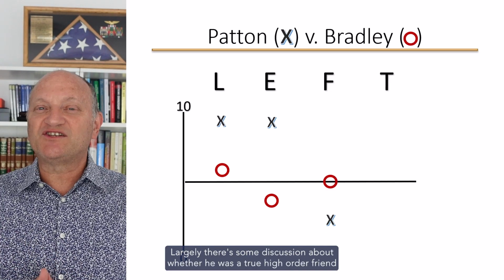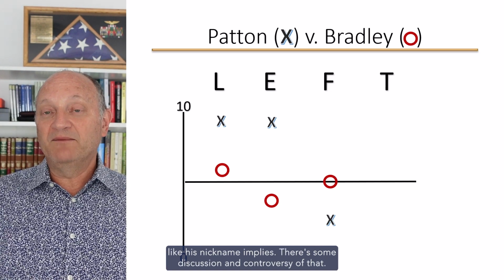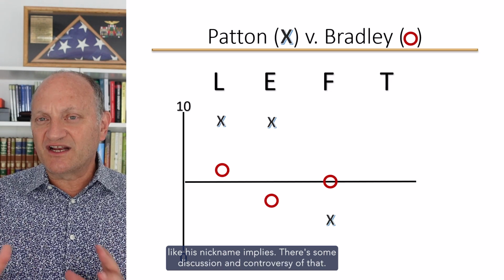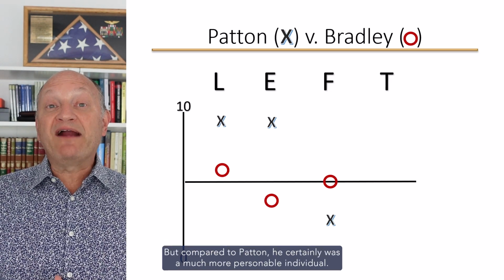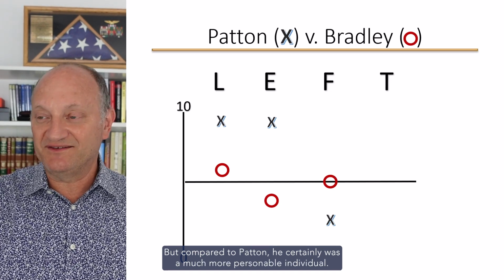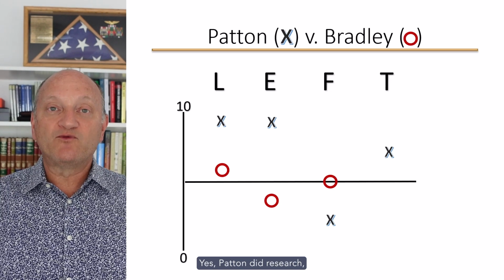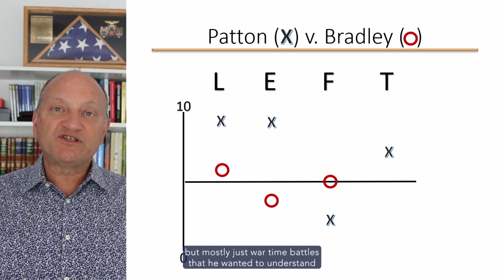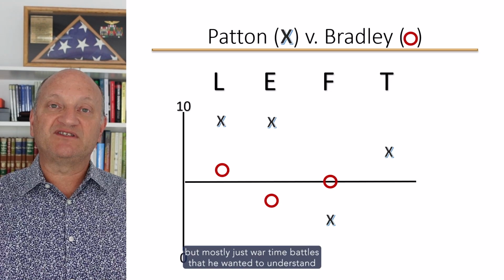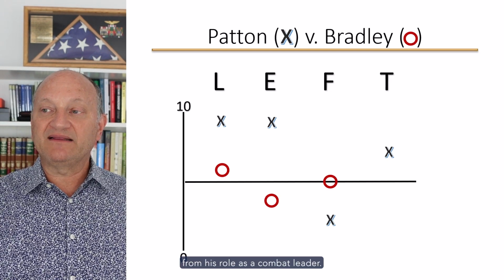Largely, there's some discussion about whether he was a true high-order friend, like his nickname implies. There's some discussion and controversy of that. But compared to Patton, he certainly was a much more personable individual. And then lastly, thinker type. Yes, Patton did research, but mostly just wartime battles that he wanted to understand from his role as a combat leader.